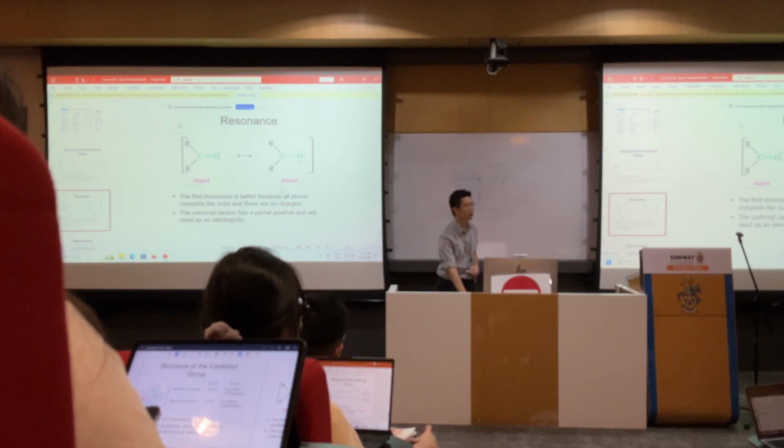If you have a nucleophile which is negative in charge, it will always attack the electropositive carbon, while the electronegative oxygen will always attack those which are electron deficient.